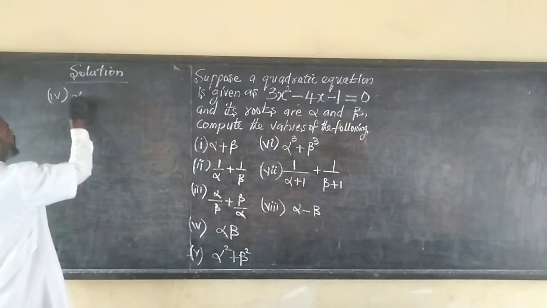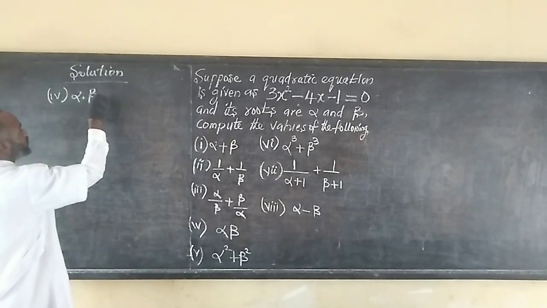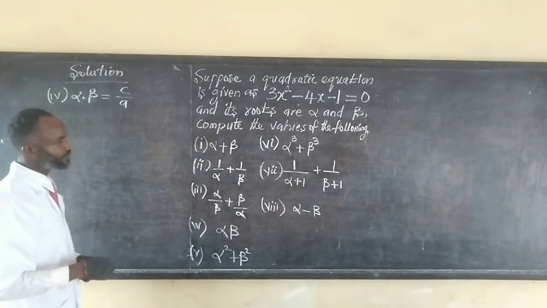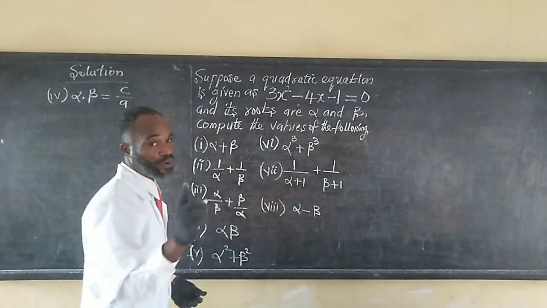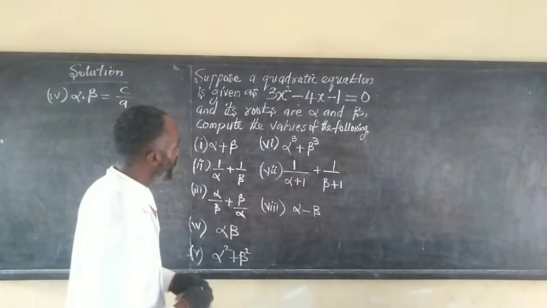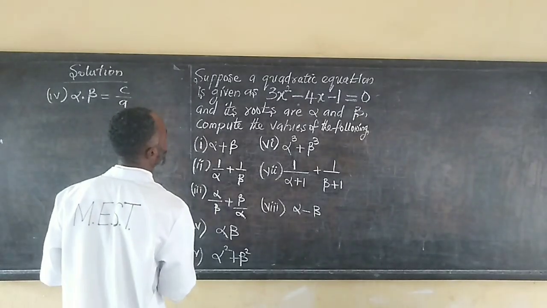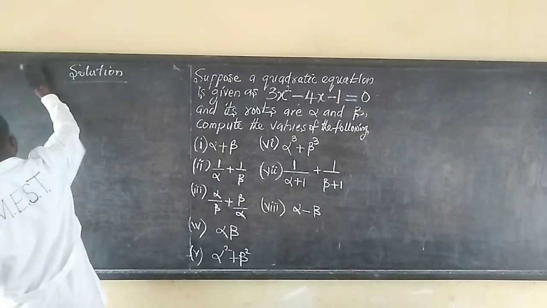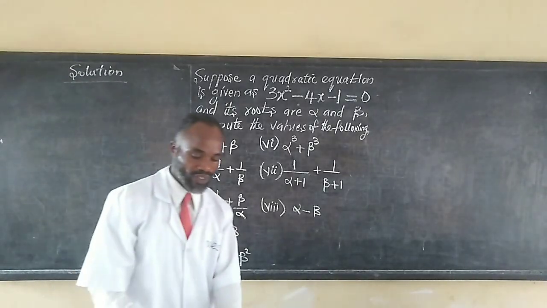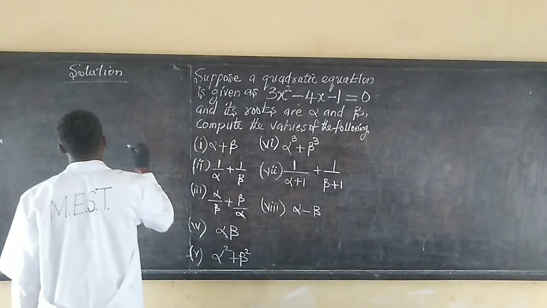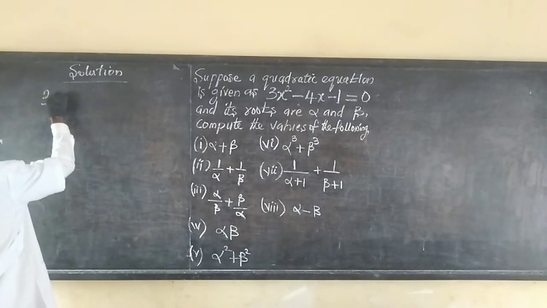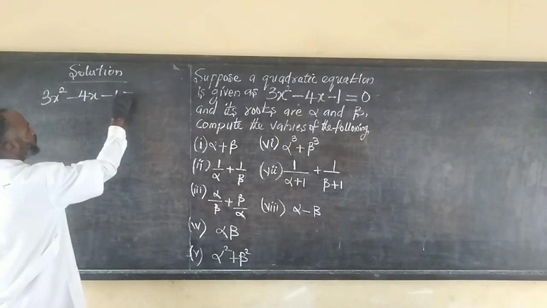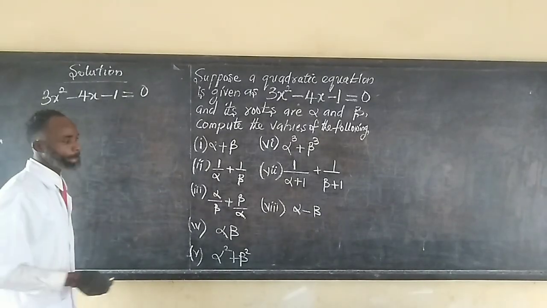IV is alpha beta, which is given as c all over a. Recall first of all that from the quadratic equation given, we have 3x squared minus 4x minus 1 equal to 0, okay?